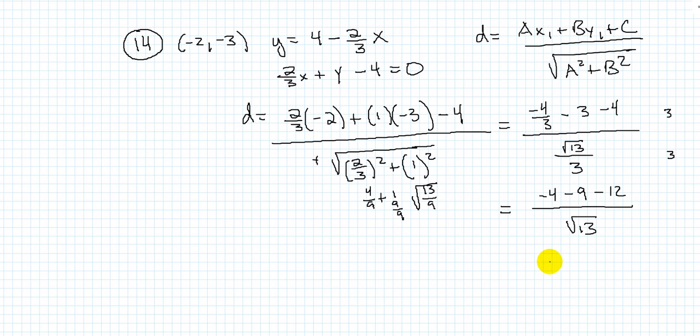Alright, so now we have negative 4 minus 9 minus 12, that would be negative 25 over the square root of 13. And remember, we're not worried about the positive or negative here. Everything just needs to be positive for distance.